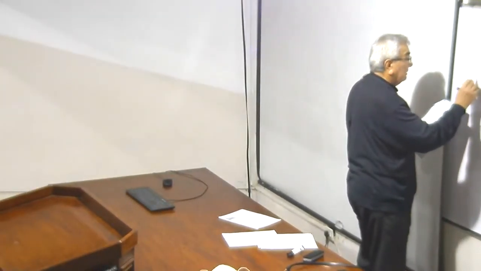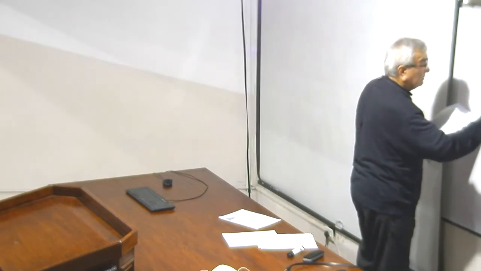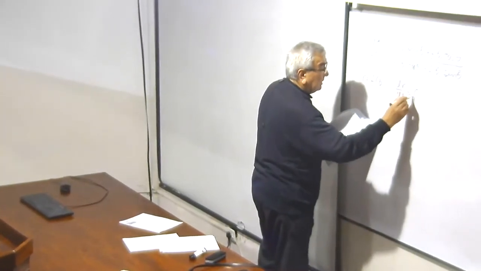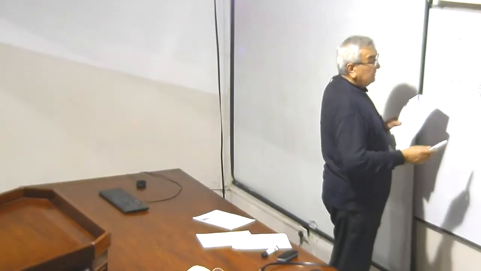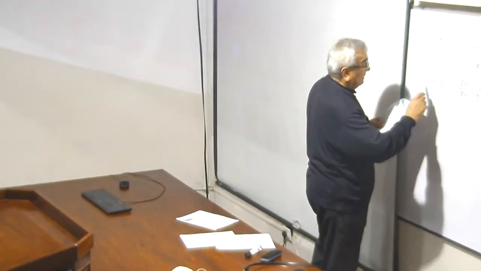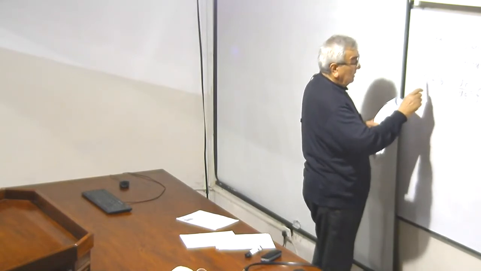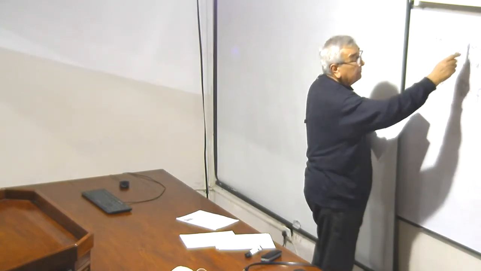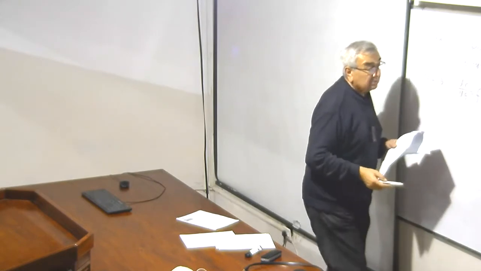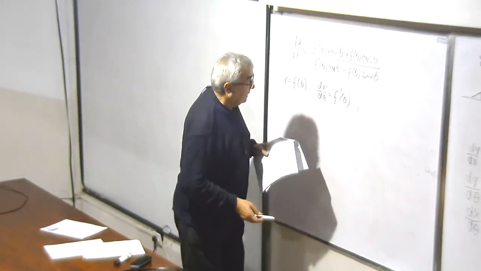That means r equal to f(θ). You find dr/dθ, which will be f'(θ). These coincide, but the slope is defined by this formula, because you know the slope is always the ratio dy/dx.